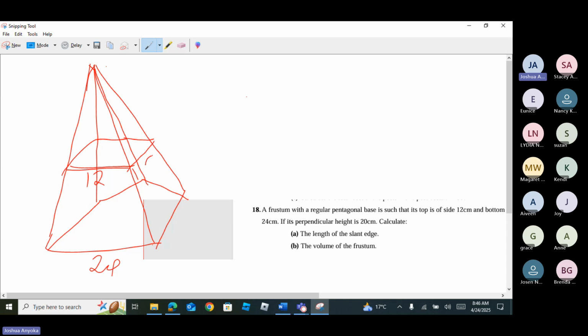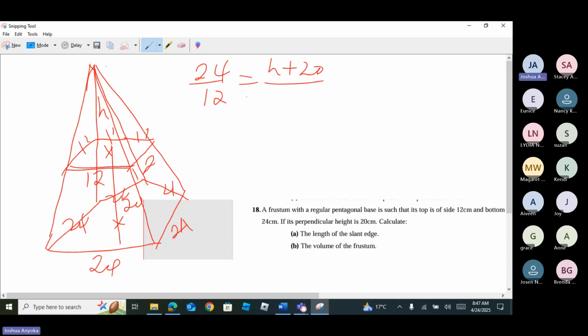So if this is 12, 12, 12, 12, 24, 24, 24, 24, because it is regular, all sides are equal. And then the height is 20. So using similarity and enlargement, we can say that 24 over 12 is equals to, if we let this one be the height, h plus 20 over h.